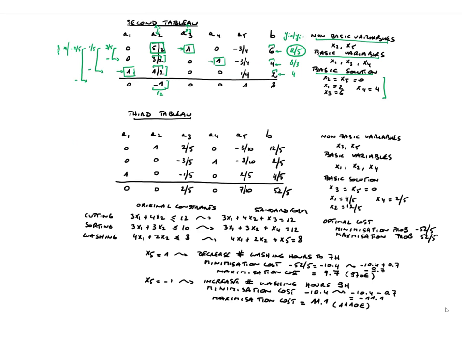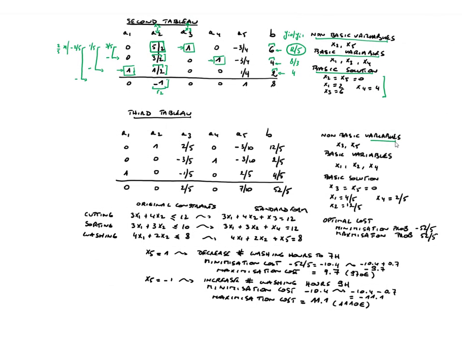This is how you obtain the third tableau, and as you can see there are two non-basic variables, x3 and x5, and the basic variables are located where you have the pivots, so they correspond to x1, x2 and x4, right? So we have the following basic solution.